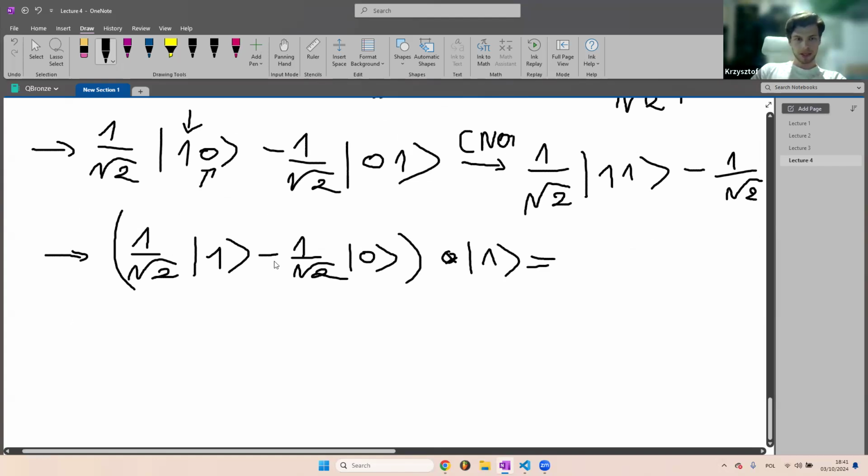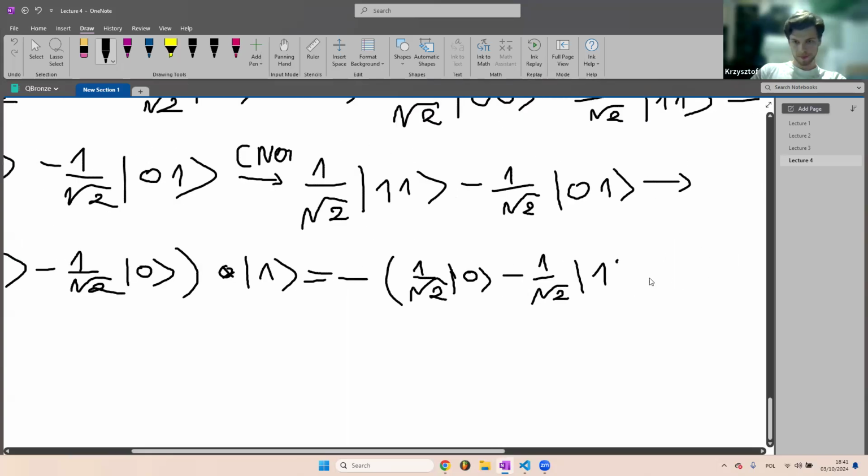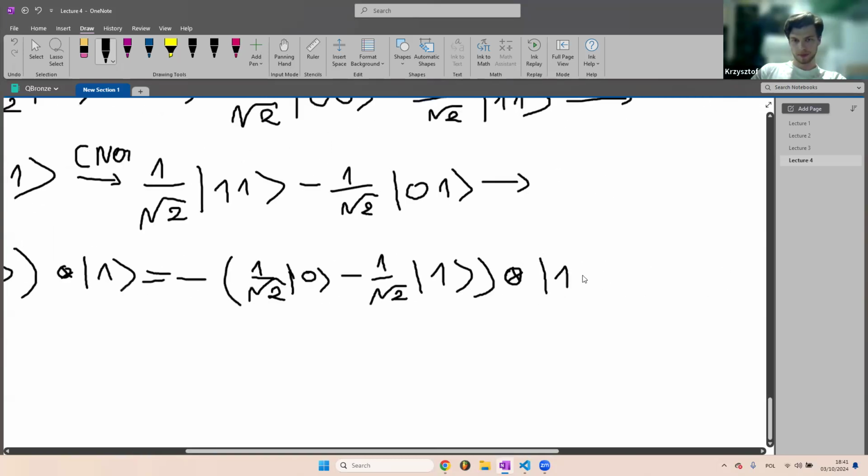But we can also get rid of the minus sign in front and now write 1 over square root of 2 times 0, and minus 1 over square root of 2 times 1, tensor product with state 1.